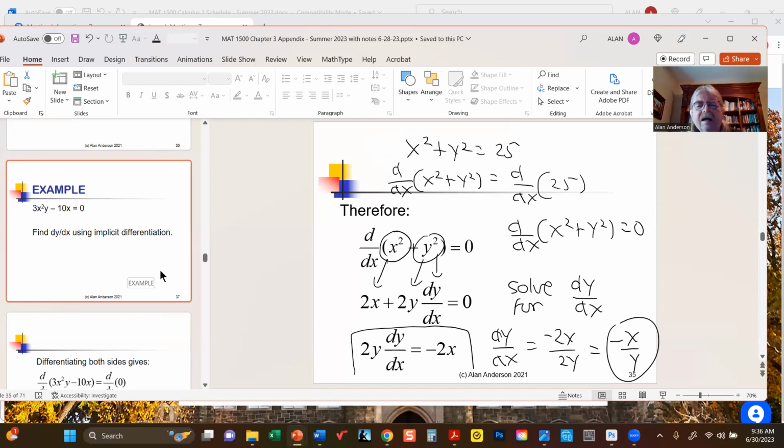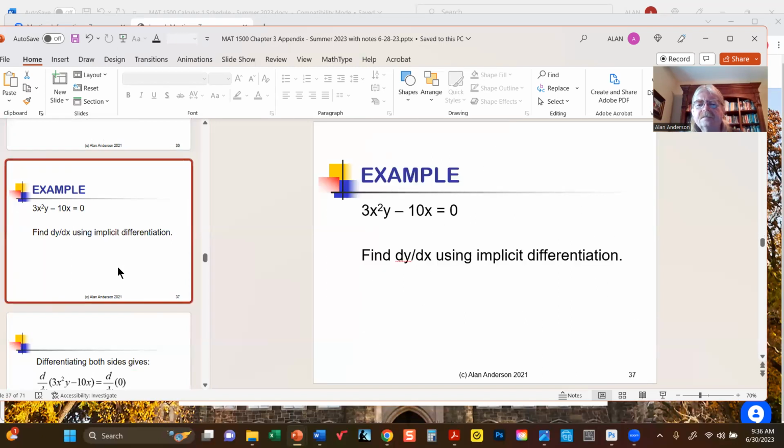All right, now let's try another example. We'll work it through all the way through. And remember that chain rule. When we take the derivative of y with respect to x, we have to use the chain rule. So what about this one? Now you can see, again, this would be kind of a mess.